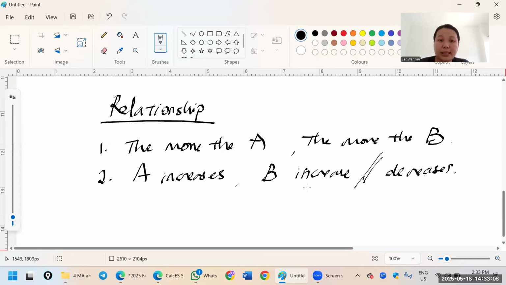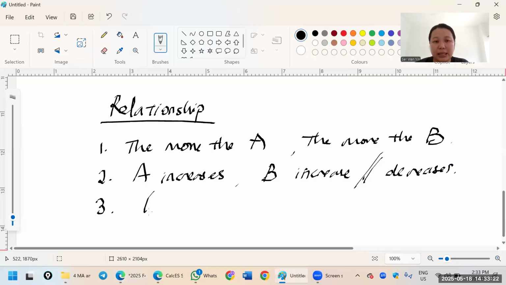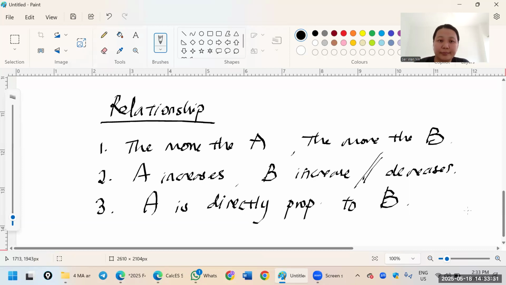Depends. But in this case, look at this: length, average, shorter means you can say increase. Then number 3, yes, A is directly proportional to B. But I encourage you all use 2 or 1.